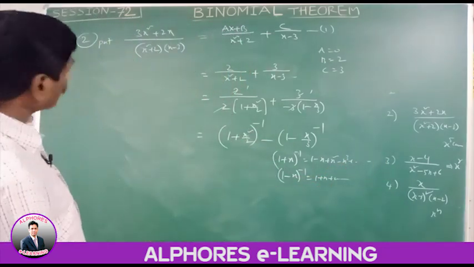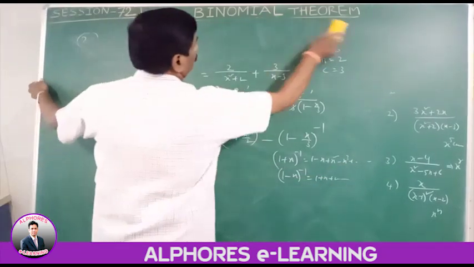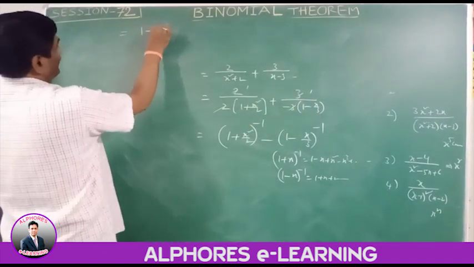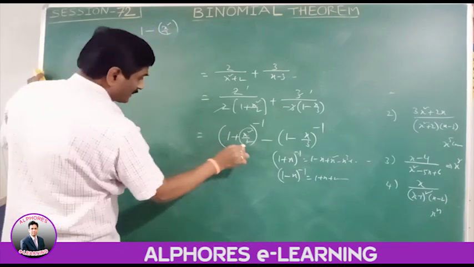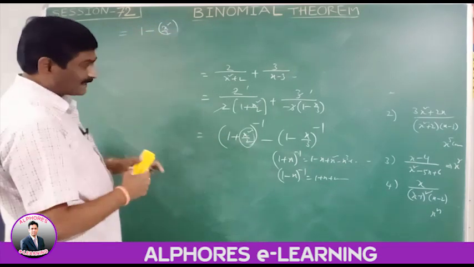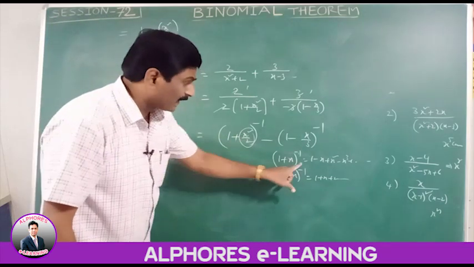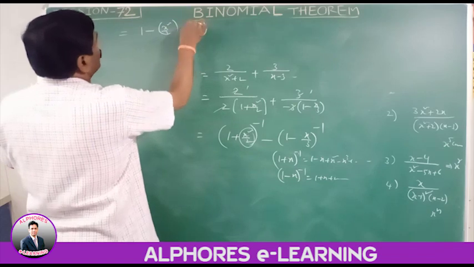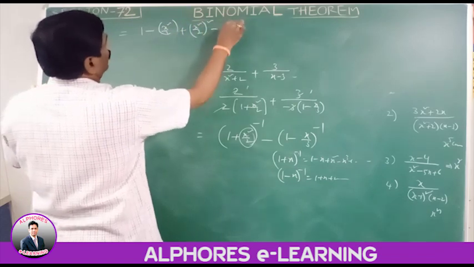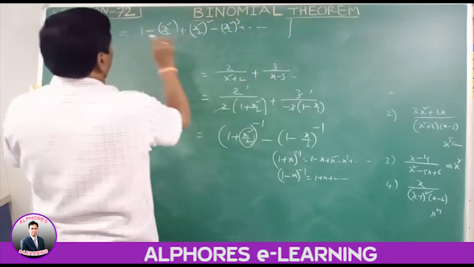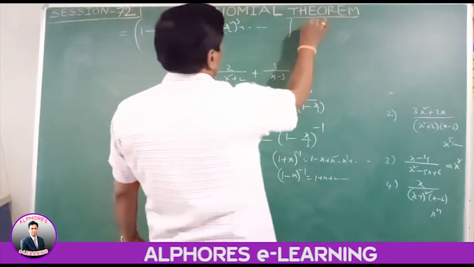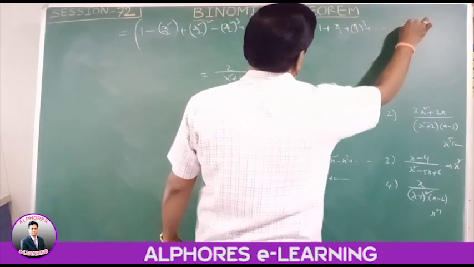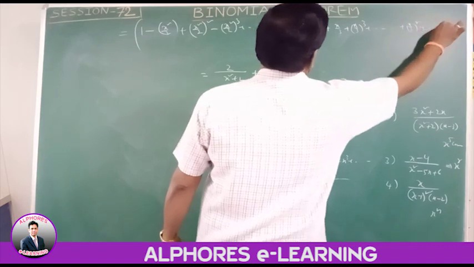So reduce this value in this way: 1 − x²/2 + (x²/2)² − (x²/2)³ plus so on, next minus [1 + x/3 + (x/3)² + (x/3)³ plus so on, (x/3)^r plus so on to infinity].